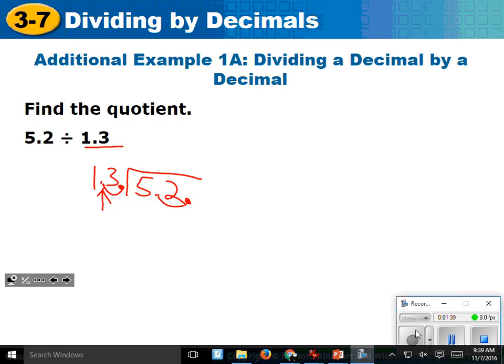What's 12 divided by 3? 4. Correct? Let's multiply both of these by 10. What's my answer?